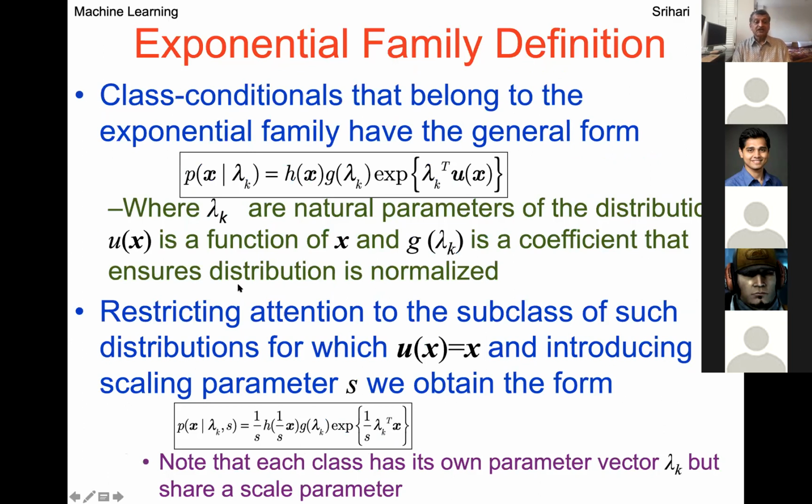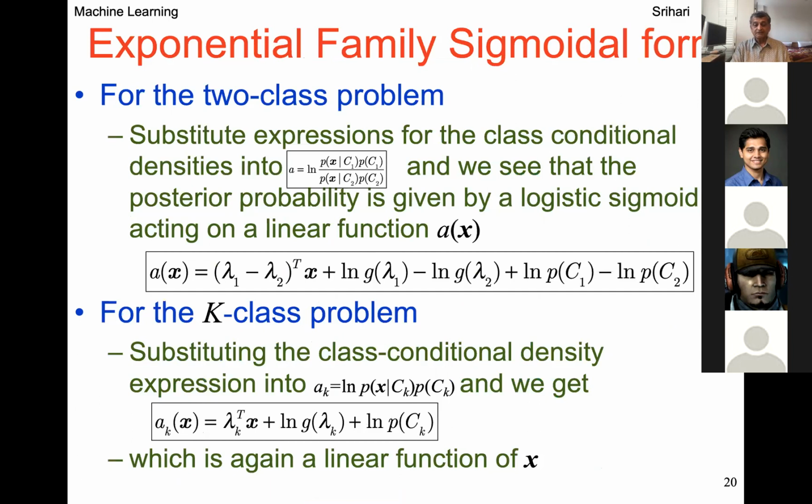The exponential family is defined as p of x given lambda k is equal to h(x) g(lambda) exponential. This is the very general form of an exponential family. And it's interesting to see which distributions have that property. So this is saying that even with the exponential family, we have linear forms that can occur there also, which is kind of interesting.